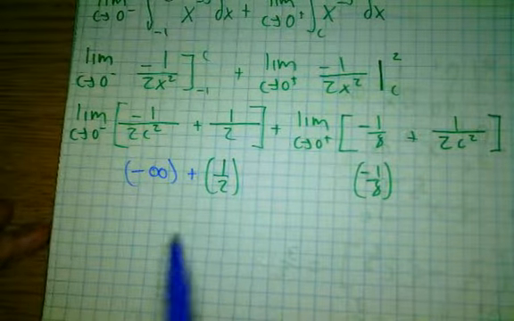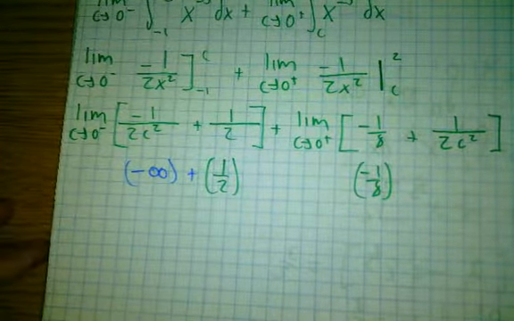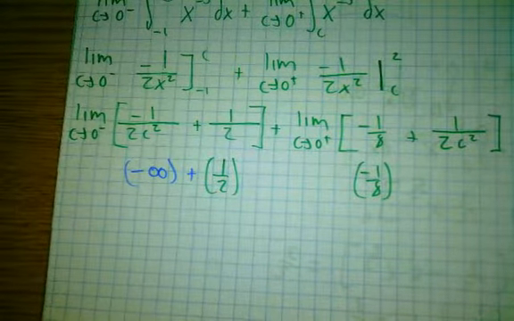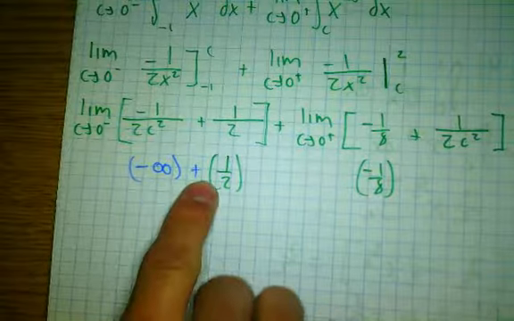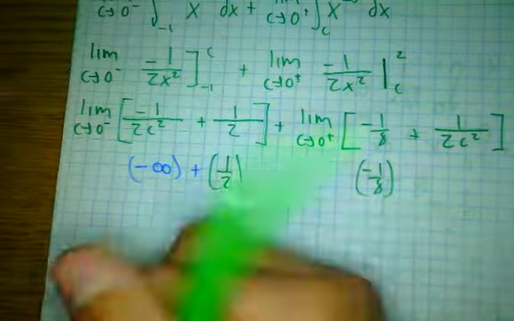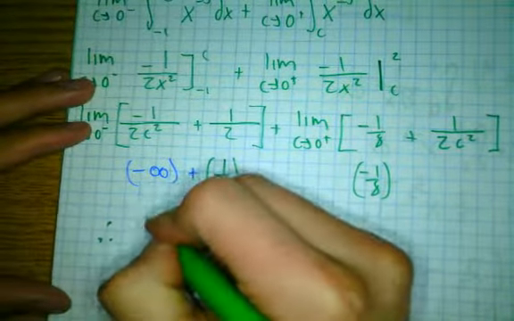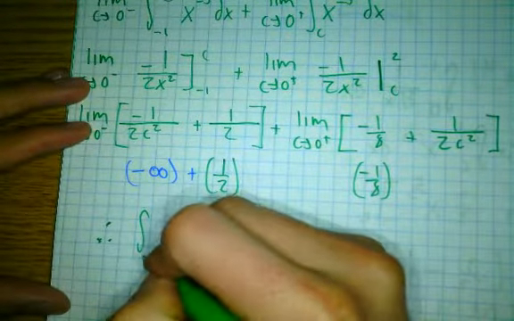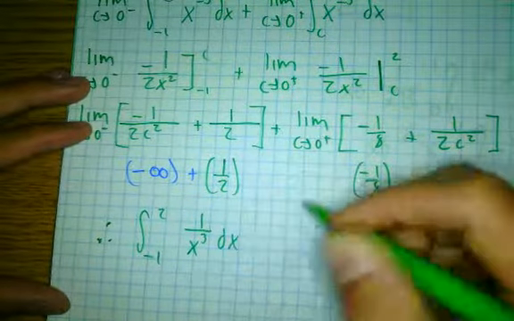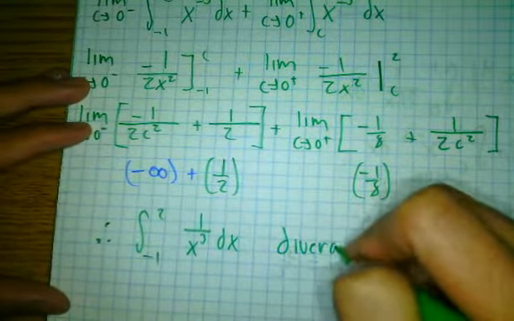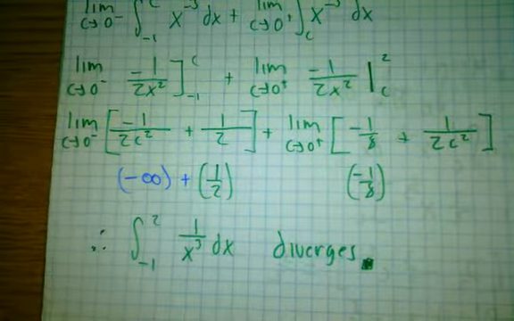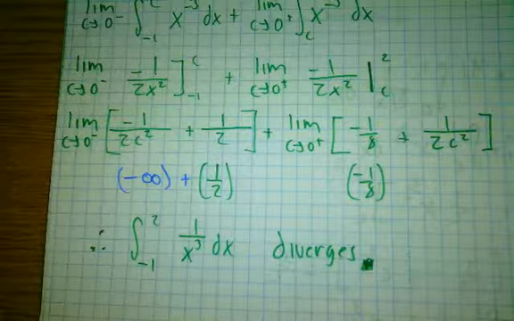No. The moment one of them diverges, don't even bother finishing the problem. The entire thing diverges. So the moment I saw this plus a 1/2, that's negative infinity. Therefore, the integral between negative 1 and 2 of 1 over x to the 3rd power dx diverges. Cool?